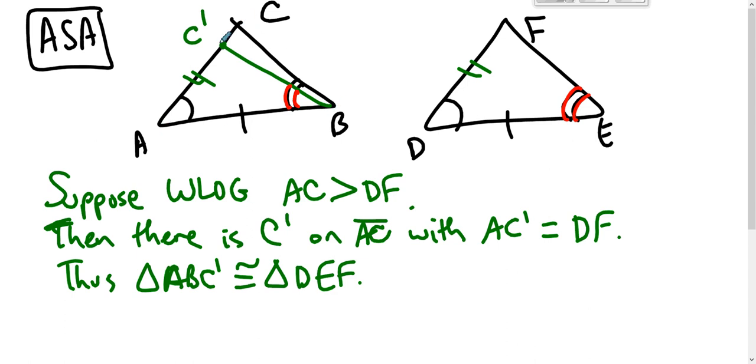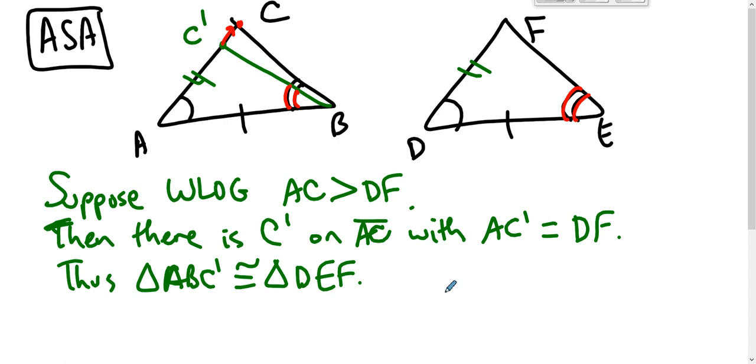And if ABC prime is congruent to ABC, the only way to do that is if ray BC prime is equal to ray BC, and that means that C prime has to be right there.